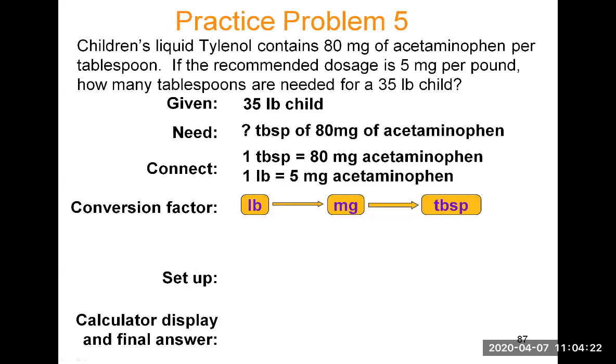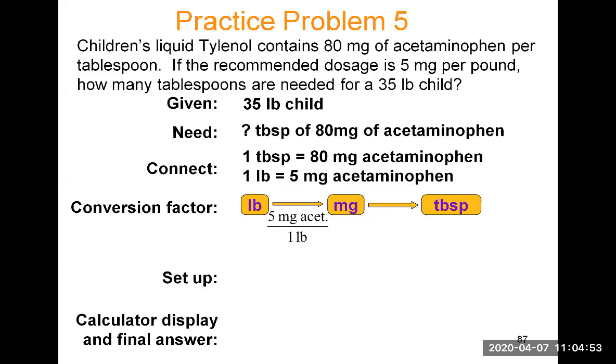The first conversion factor needs to cancel the pounds. So you will use the conversion factor that has the pound, and you put the 1 pound on the bottom and the 5 milligrams of acetaminophen on top. In the next conversion factor, we want to cancel the milligrams of acetaminophen, because that's an intermediate unit that we do not want to keep.